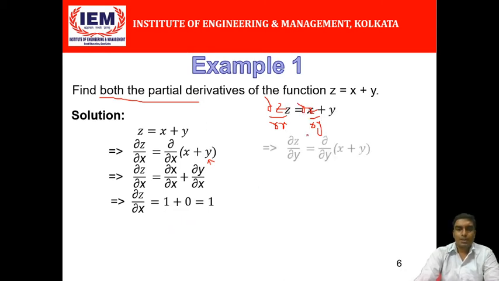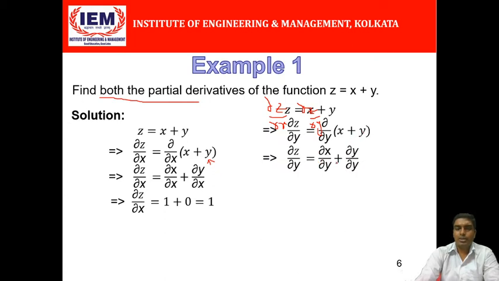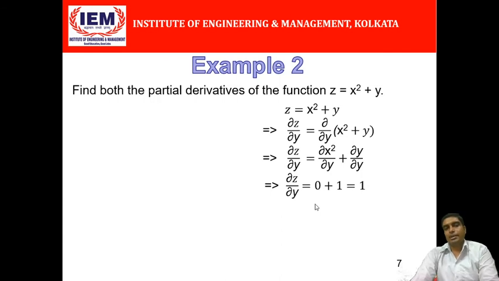Similarly, if I differentiate this function with respect to y, then x will be constant and y will be variable. So it will be 0 plus 1, because the first term will be 0 and the second term will be 1. Now the second example.